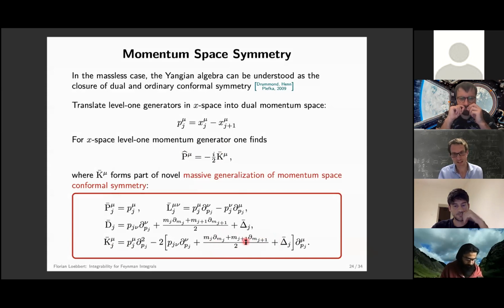So it acts on nearest neighboring masses of the Feynman integral, and the statement that we've seen this level 1 momentum generator appear even if dual conformal symmetry is broken means that this massive generalization of the momentum space conformal symmetry has a life on its own. So you can give up dual conformal symmetry and still have this massive version of momentum space conformal symmetry.